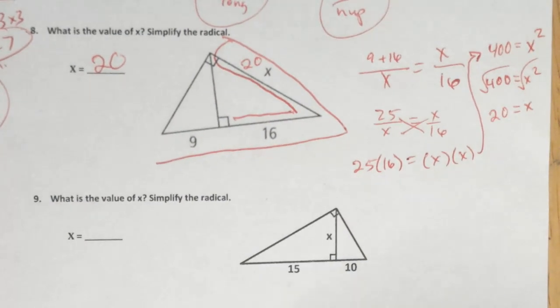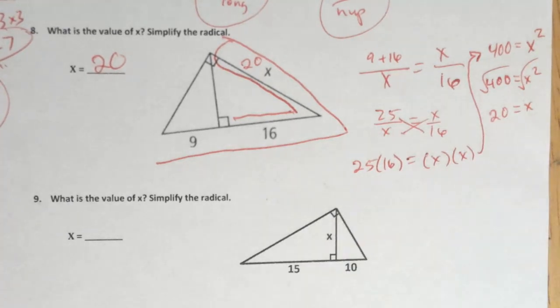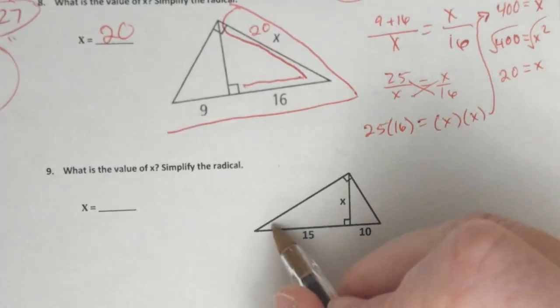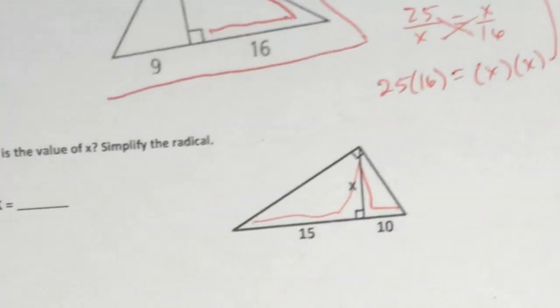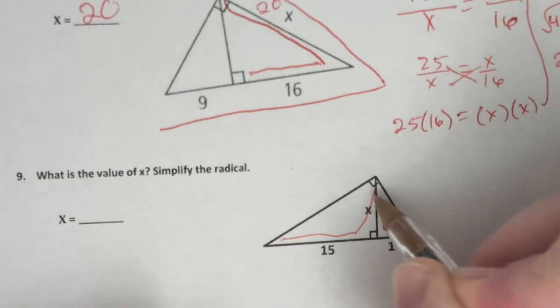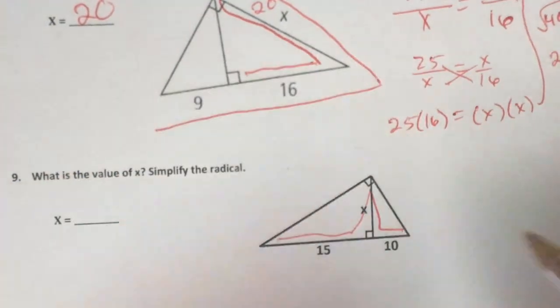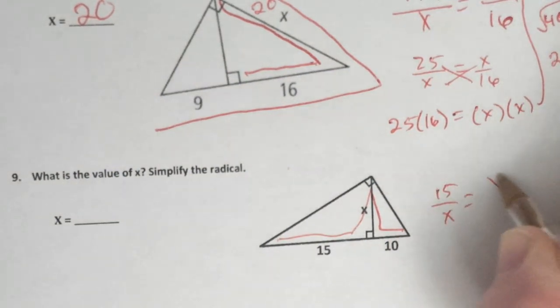And finally, number 9. All right, is this heartbeat or boomerang? This is definitely heartbeat because we have this middle one right here. So we're going to do this over this equals that over that. Basically what we're doing here is long over short, and then this one, long over short. So that's 15 over x equals x over 10.